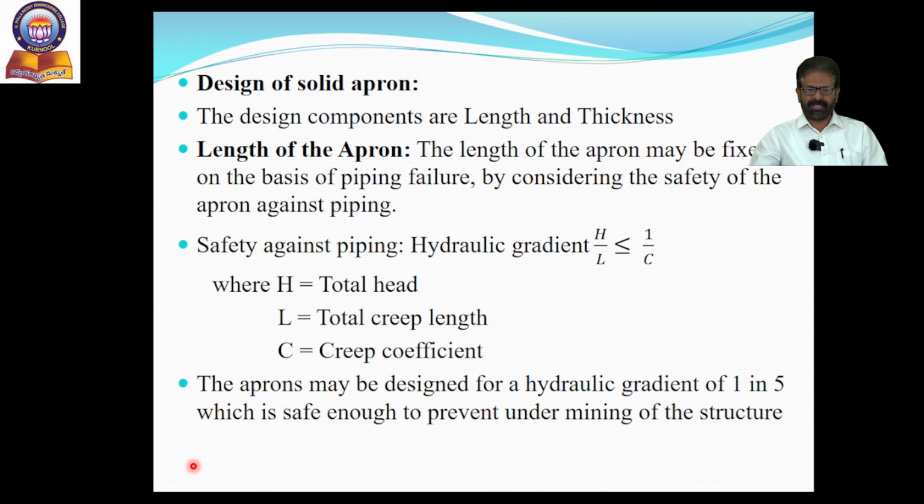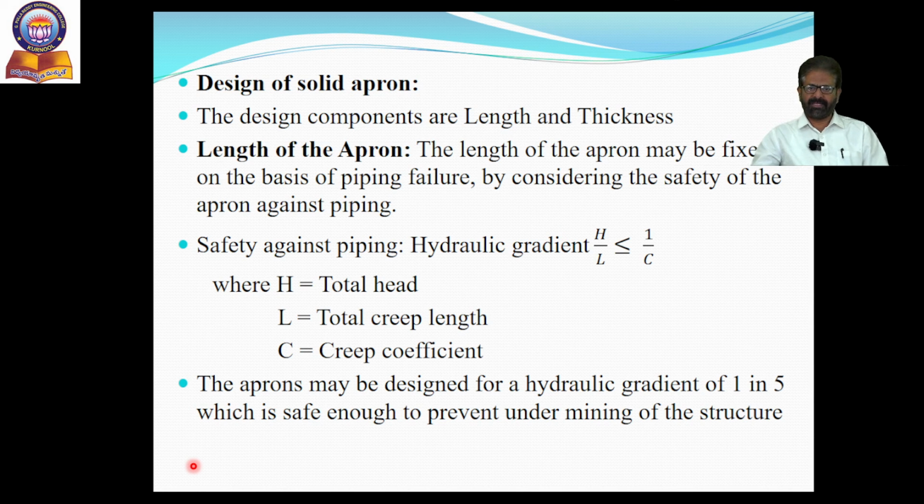The hydraulic gradient, you are all aware about the hydraulic gradient, H by L, should be less than or equal to 1 by C. There are several methods for the design of impervious floor: Bligh's creep theory, Lane's weighted creep theory, and Khosla's theory, etc. Whatever the theory we follow, this is the common procedure.